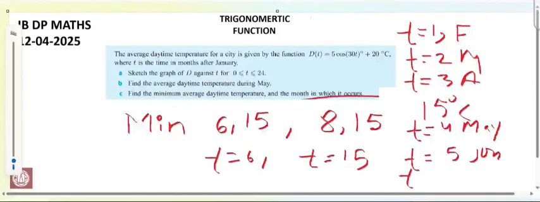So T6 will be July. So the first time the minimum temperature occurs is July.